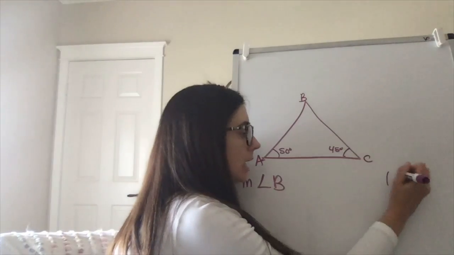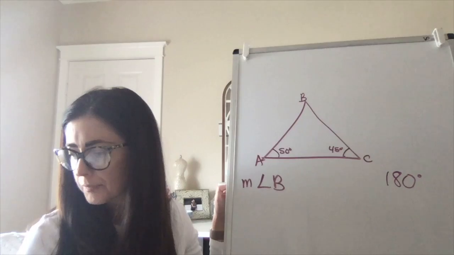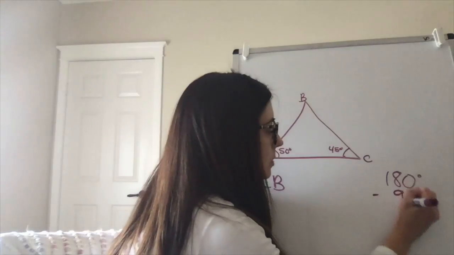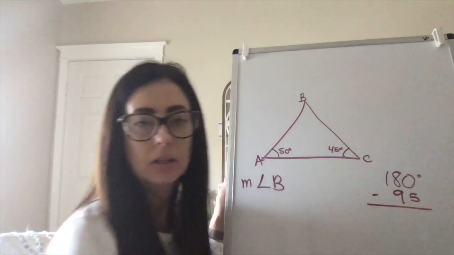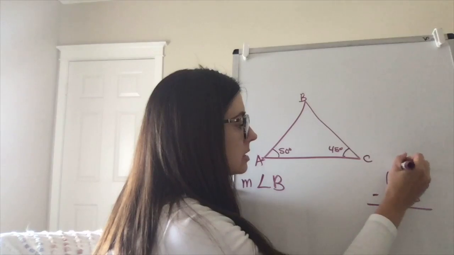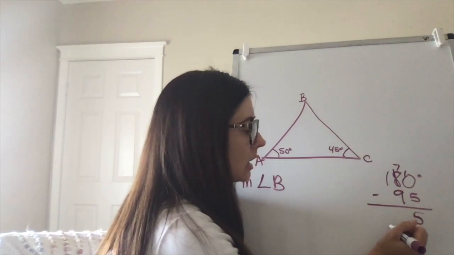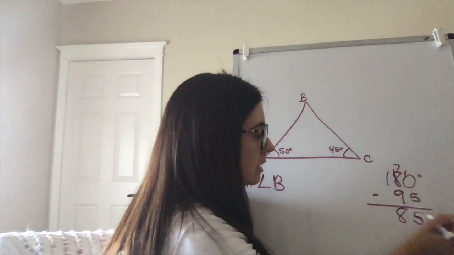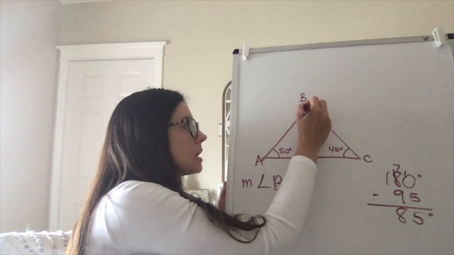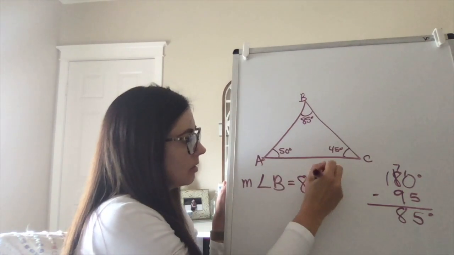So we have 180, and what is 50 plus 45? 50 plus 45 is 95, so we subtract 95 to isolate angle B. 180 minus 95 is 85 degrees. So angle B measures 85 degrees.